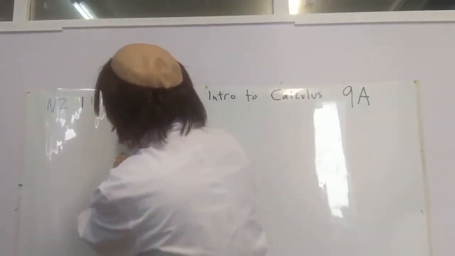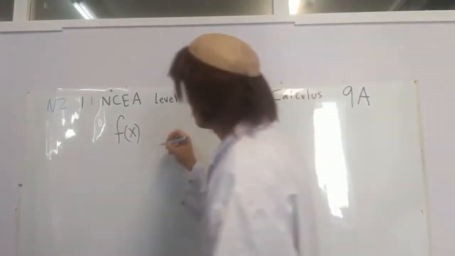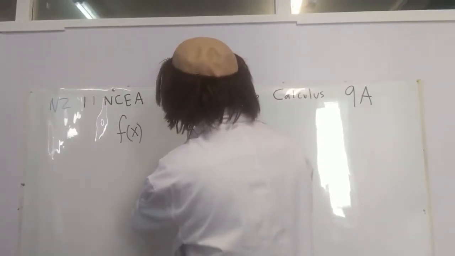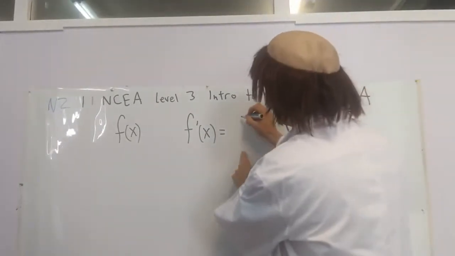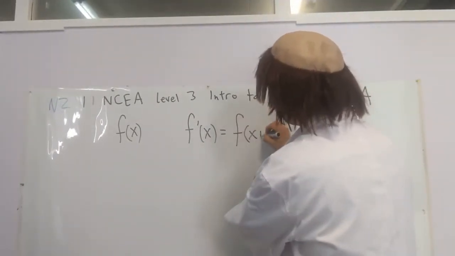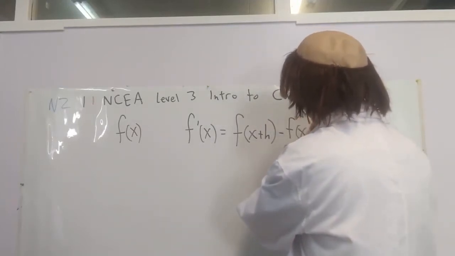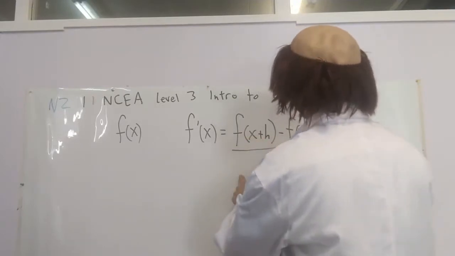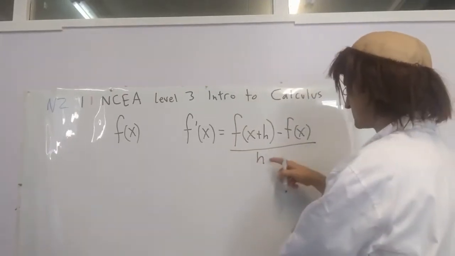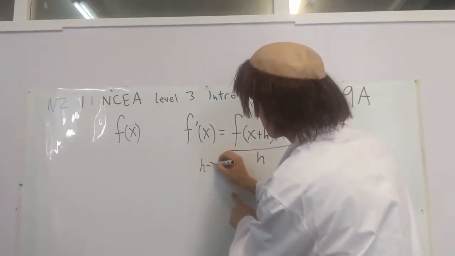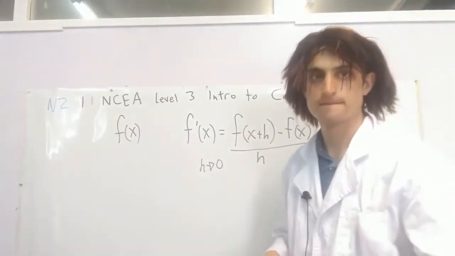You have f of x as your function. f prime of x is equal to f of x plus h minus f of x, divided by h, as h approaches 0. This is our definition of the derivative.